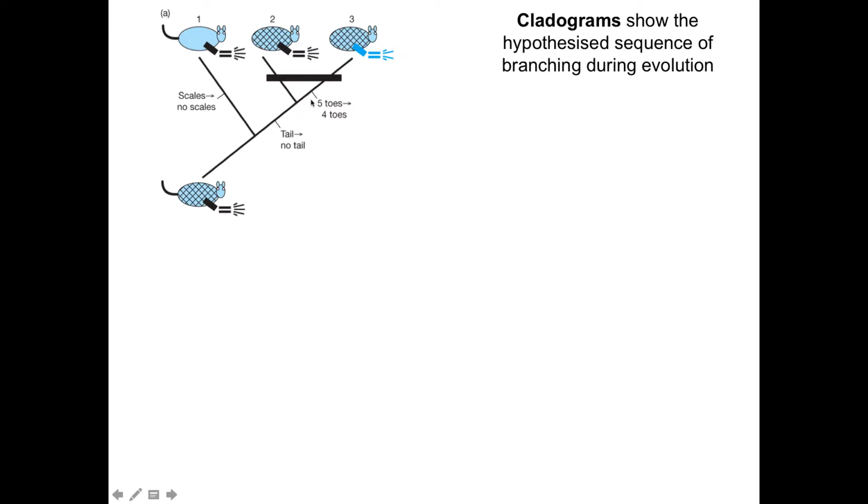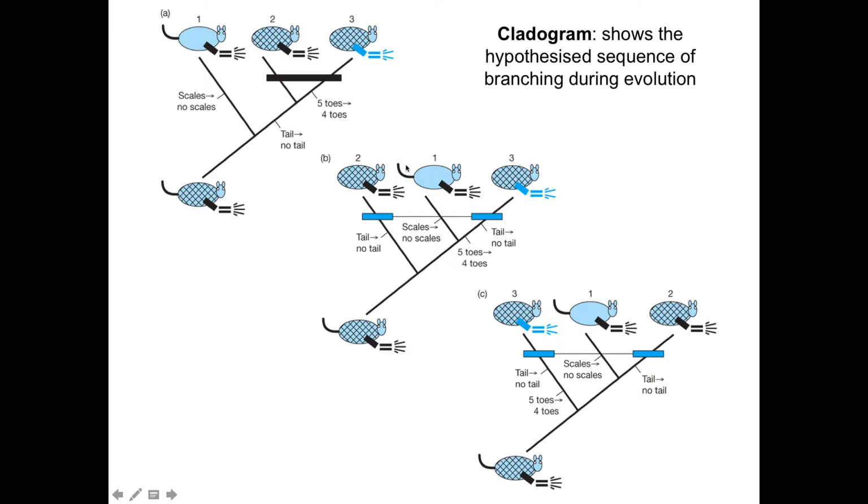And the third change that is required is that in organism number 3, a toe has been lost, so it goes from 5 toes to 4 toes. So this is the cladogram showing the evolutionary relationships between these 3 organisms that has the least number of assumed evolutionary events, 3 in fact. So this is the simplest, or most parsimonious, phylogeny.